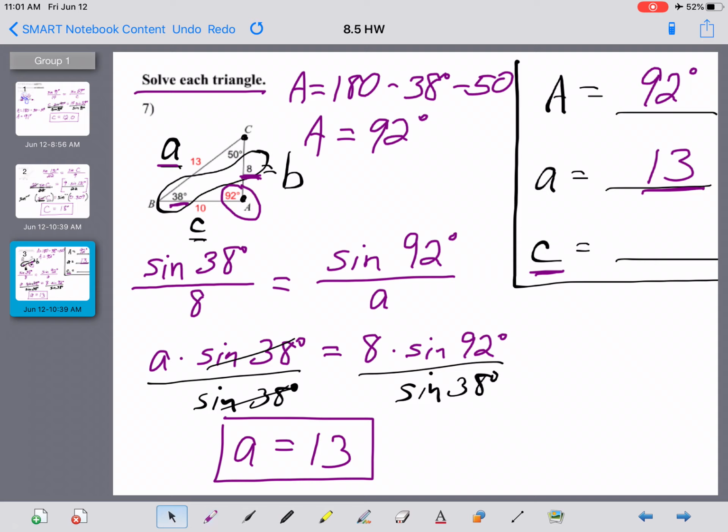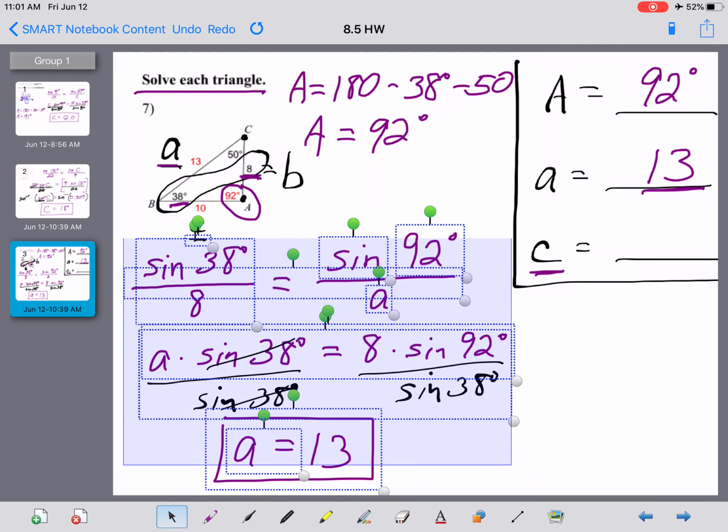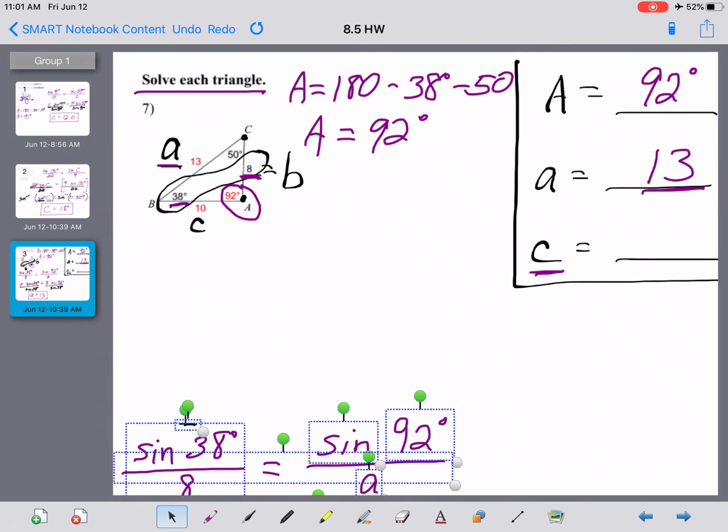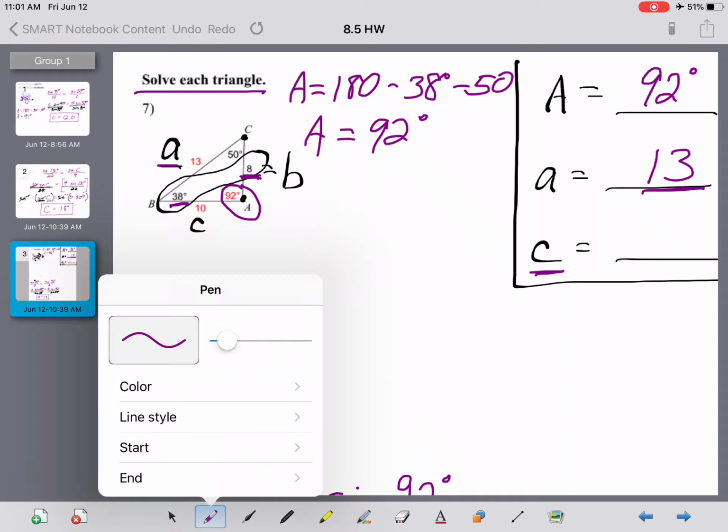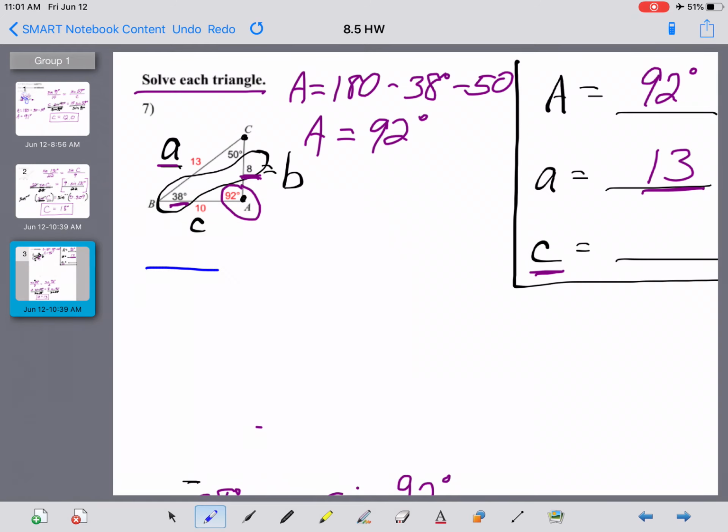Okay, I'm going to try to clear out all of the work that we did right here. Let's try to move that down and out of the way. Let me switch colors on you guys to take you to blue here to help us keep things straight. And let's get working on this one. Once again, we're going to need the law of sines a second time. So we're going to use the peanut first. Once again, the sine of 38 degrees divided by its opposite side, which is 8.